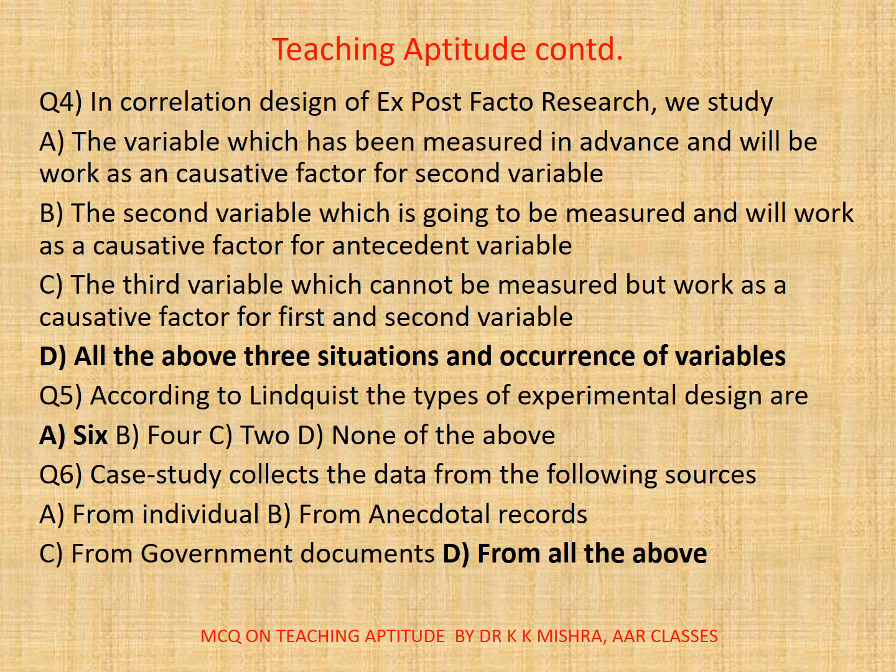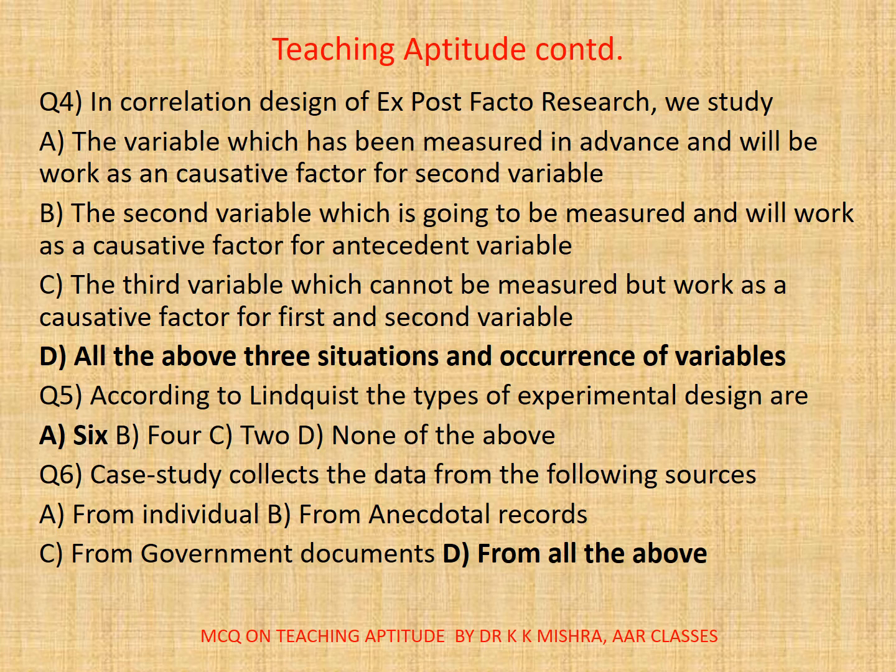4. In correlation design of ex post facto research, we study: A. The variable which has been measured in advance and will work as a causative factor for the second variable.